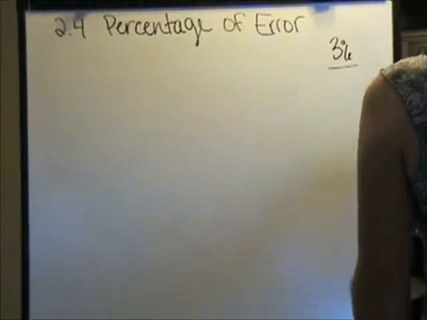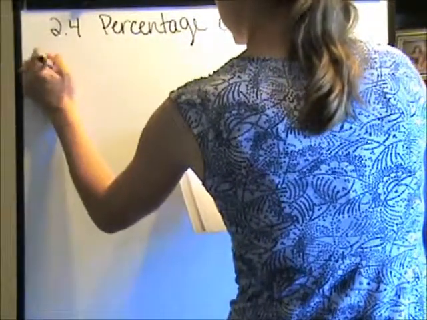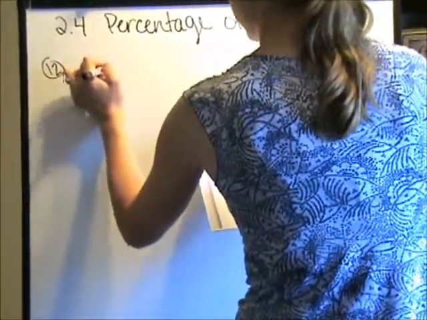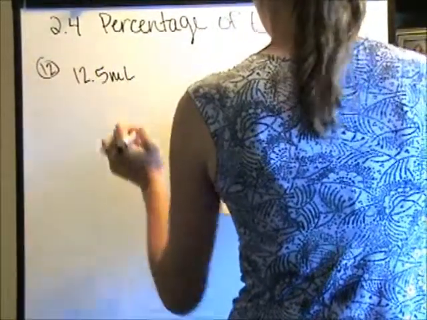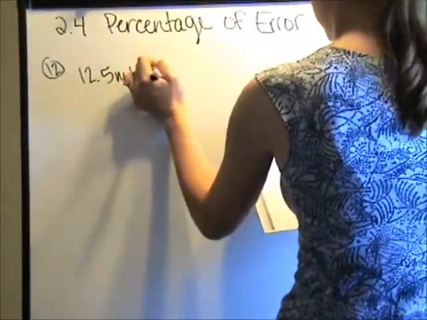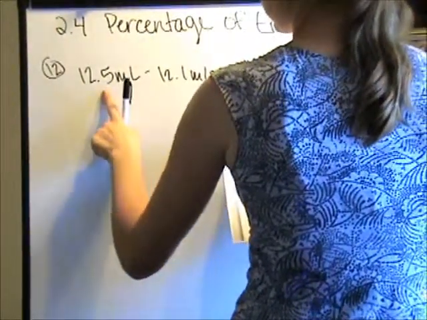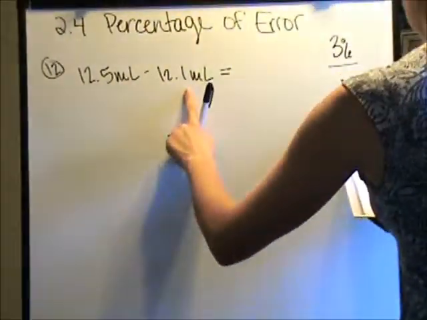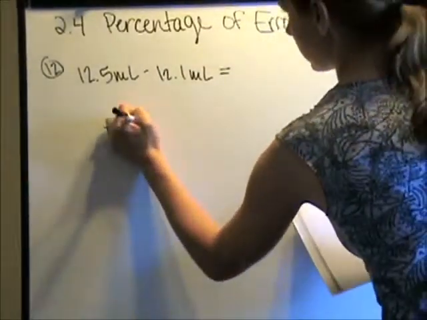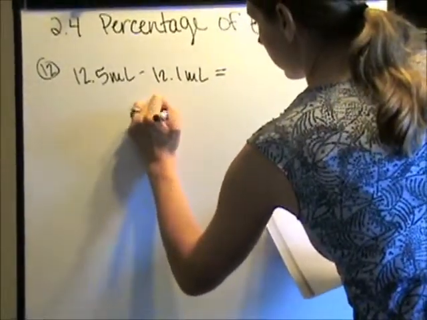Number 12. The measured volume was 12.5 ml, but the actual volume was 12.1 ml. Okay, so we're going to take this, subtract it from that, and that leaves us with 0.4 ml.